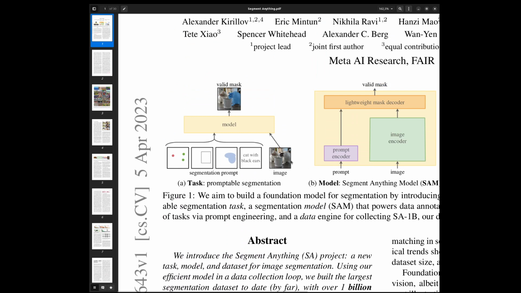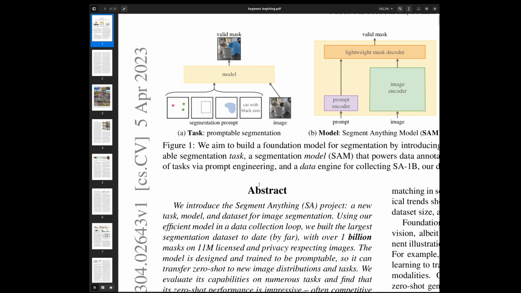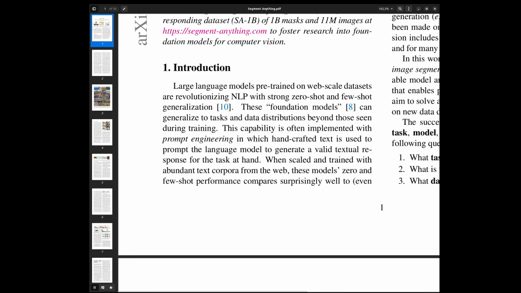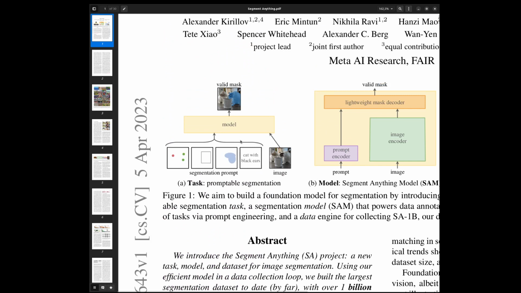I guess the image is here, then the model, and the different prompts. They show you that you can prompt with text, which is not possible, right? You can't, but they show you that you can. That's interesting. And it's here.